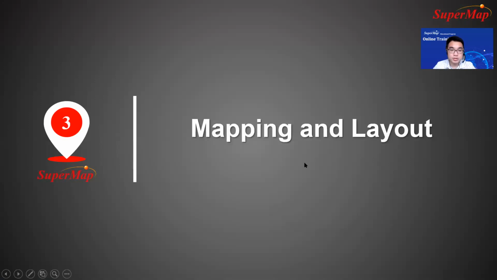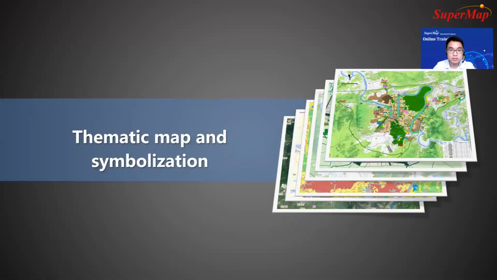So after some data processing or data operation, we can get all our data ready, and then we need to set some color for our maps, or do some symbolization for our maps.